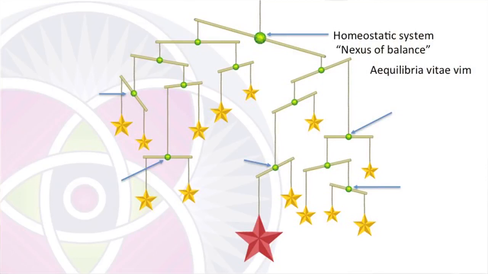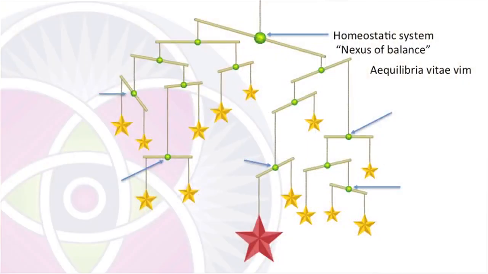That's where the system knows if it's in balance or out of balance. It can't tell what's happening at the level of the star, but it knows what's happening right there in that green crystalline orb where balance is maintained and established. So in the model that we are using, the mobile, to highlight how our physiology works, that's where CBD works.